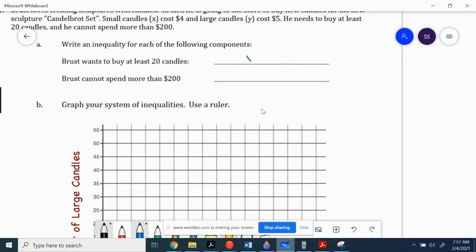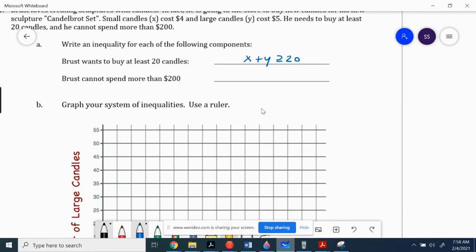Mr. Bruss wants to buy at least 20 candles. So we're just going to say x plus y is going to be greater than or equal to 20, because he wants to buy at least 20 candles. And then he cannot spend more than 200.